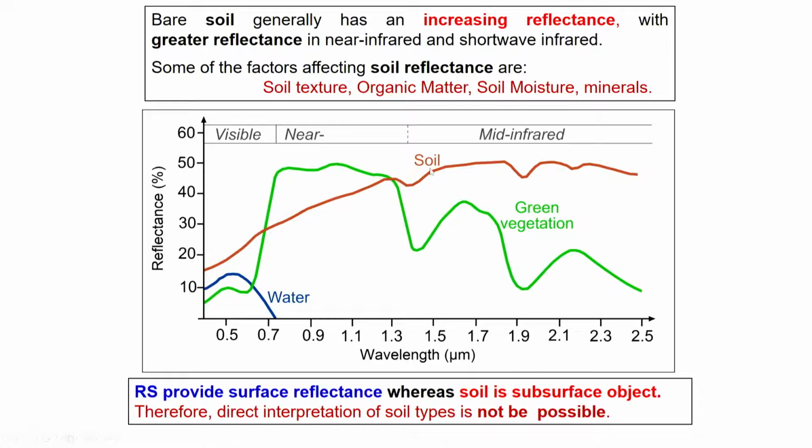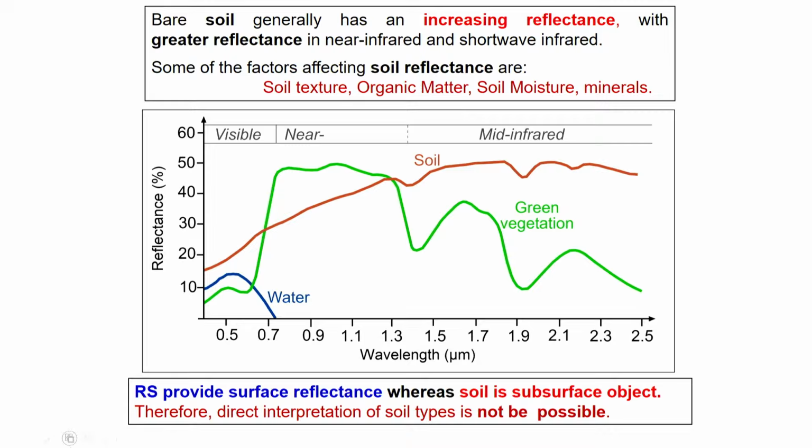But in case of soil, the reflectance increases as the wavelength increases. Therefore, you are not getting very contrasting features for different composition, but the reflectance is governed by soil texture, organic matter, soil moisture, and the salt content present in the soils. They govern the reflectance characteristics.